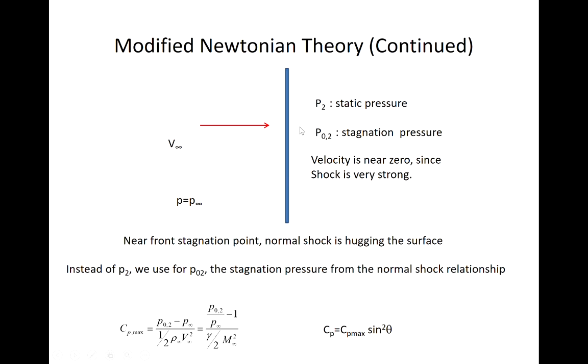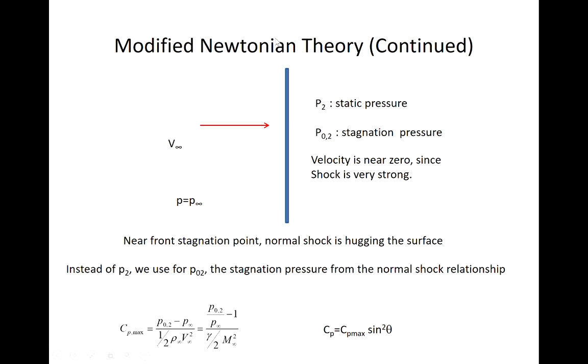This is at the stagnation point, and it is the maximum value of Cp. Everywhere else I will use, instead of a 2, Cp max times sine squared theta, where again theta is the angle between the streamline and the body surface. At the stagnation point, theta becomes 90 degrees, so this becomes 1.